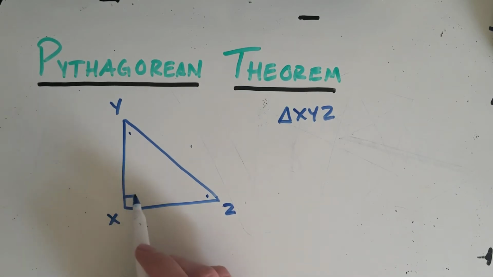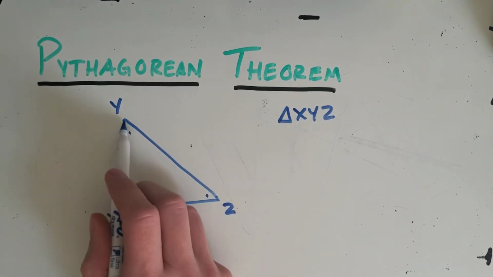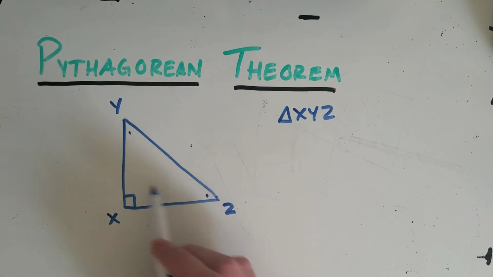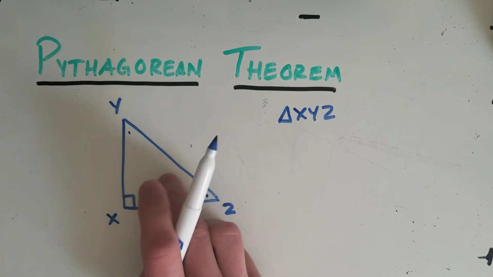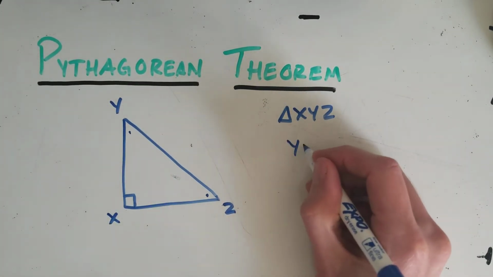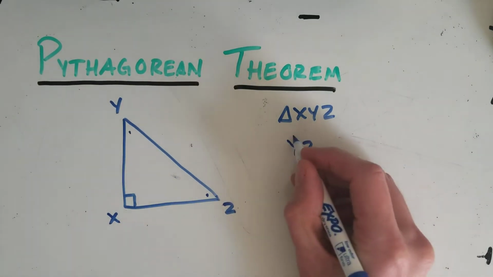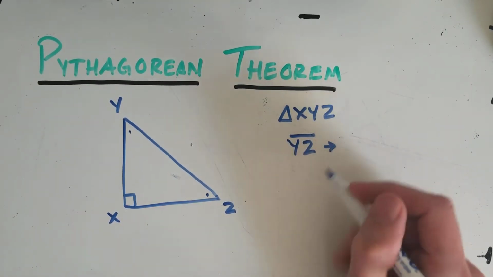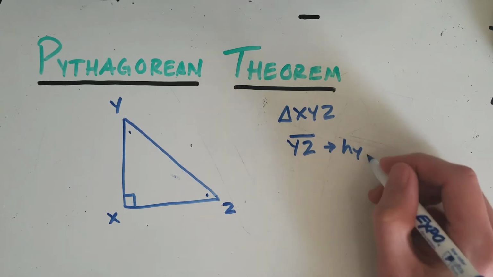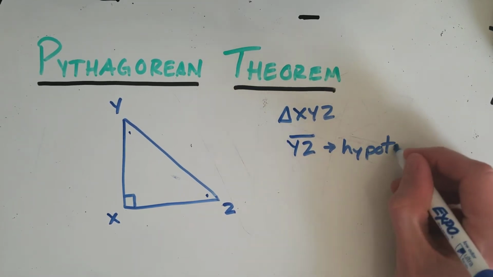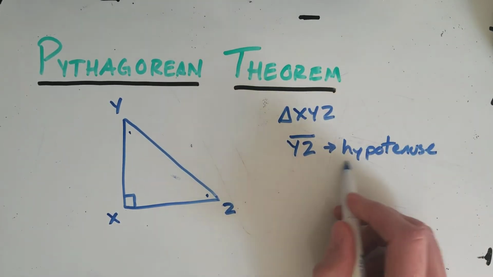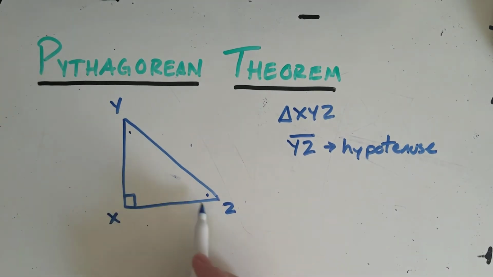The longest side of a right triangle is the side across from the right angle. So YZ is the longest side here, and it has a special name, the hypotenuse. The hypotenuse is the longest side.